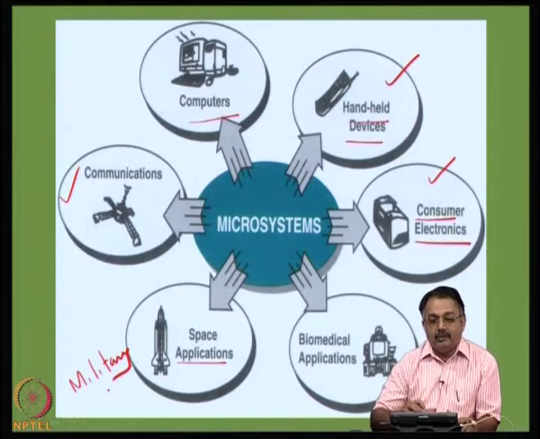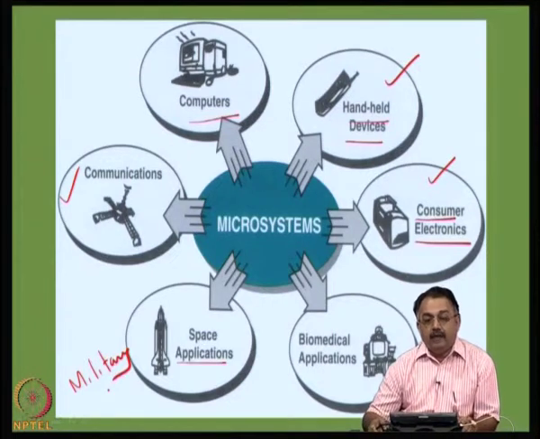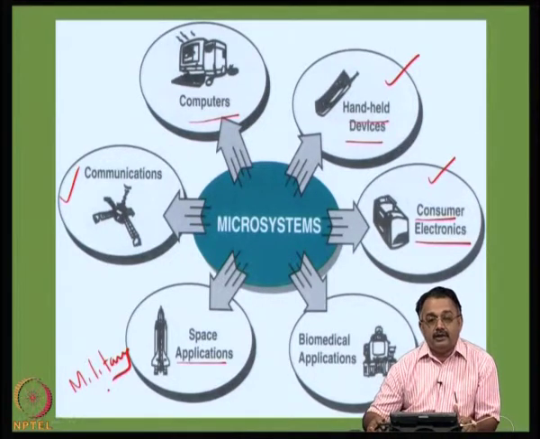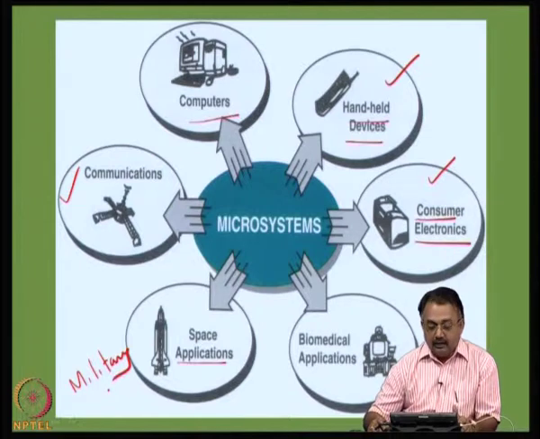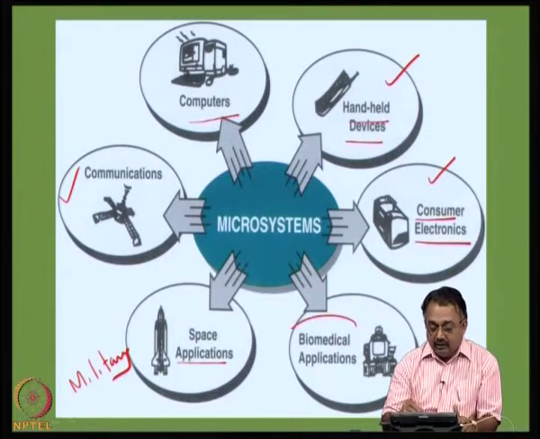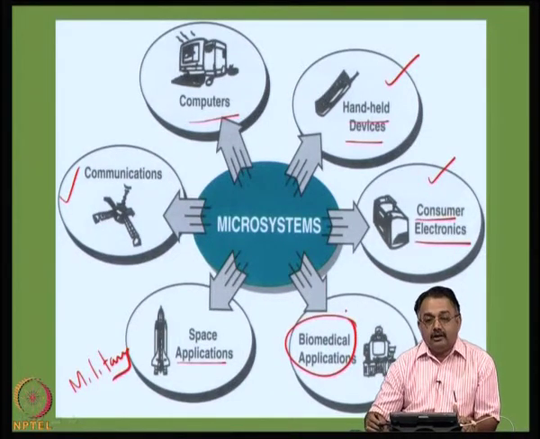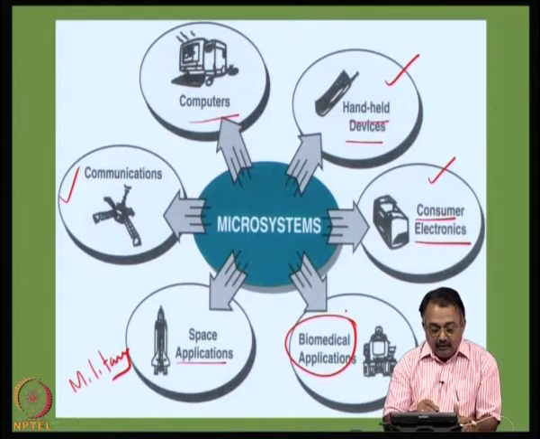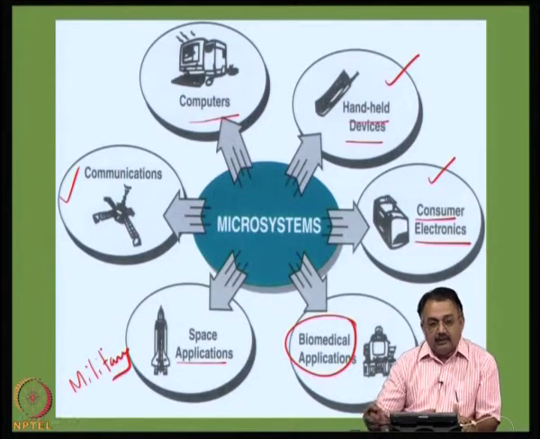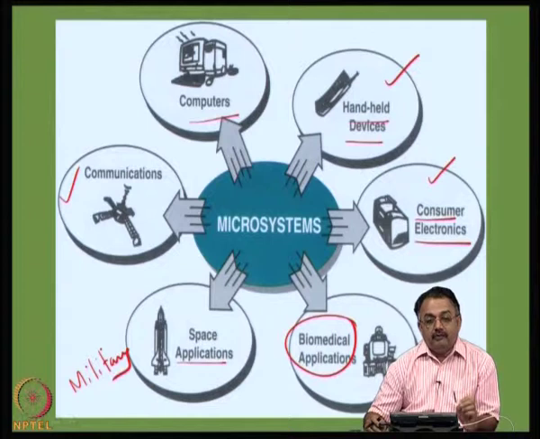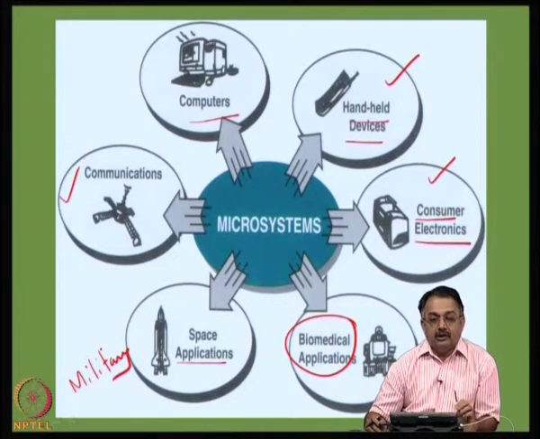On one side you have space and military, where you will have to very carefully look at a different set of materials and properties, and biomedicals, this is another crucial sector, whereas space and military you can call it as strategic sectors, very much defining with a very rigid target specifications.